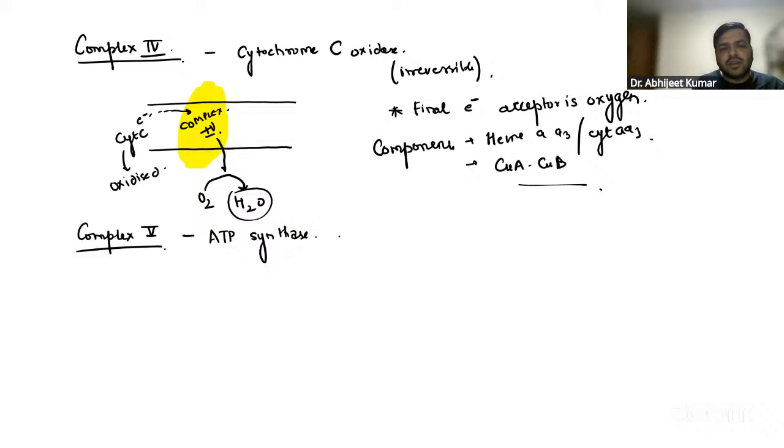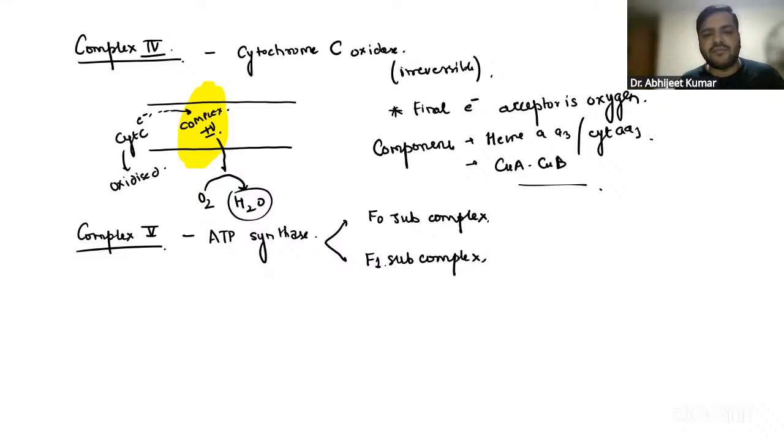Now it contains two subcomplexes. We have F0 subcomplex and we have F1 subcomplex.